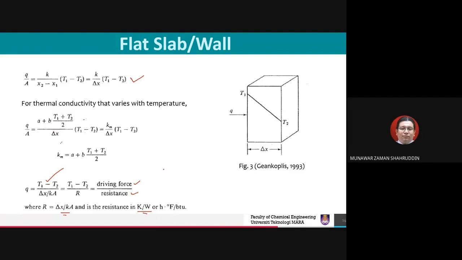But most of the time we will assume that the system does not have any changes in conductivity, or rather there is no change in the properties of the material along the way. Normally we will assume that.